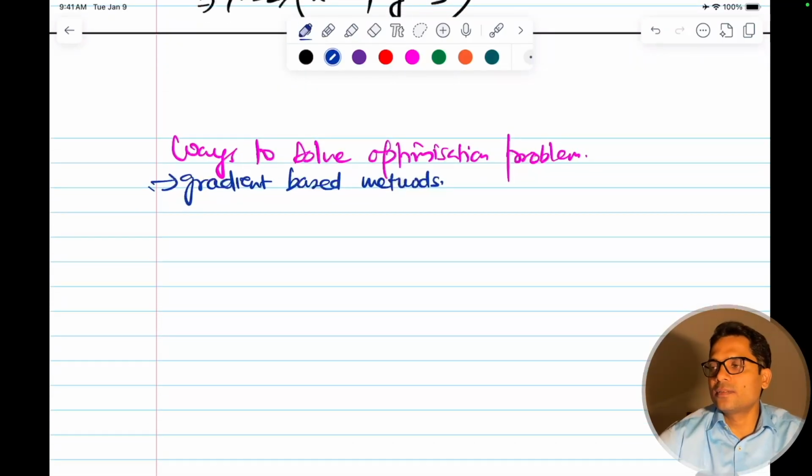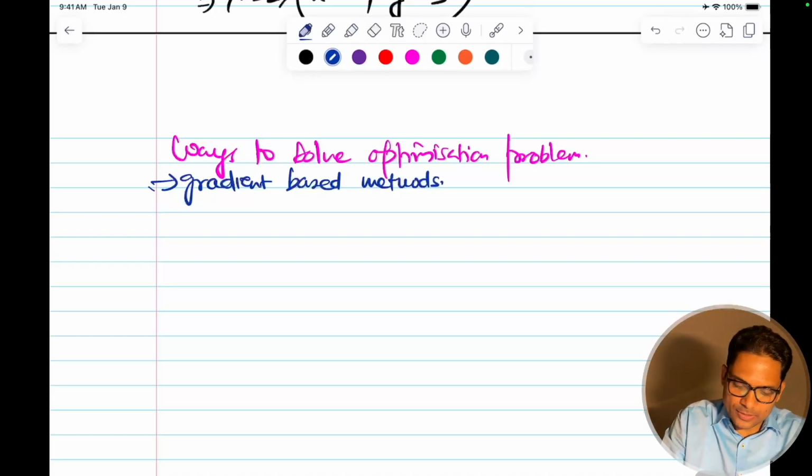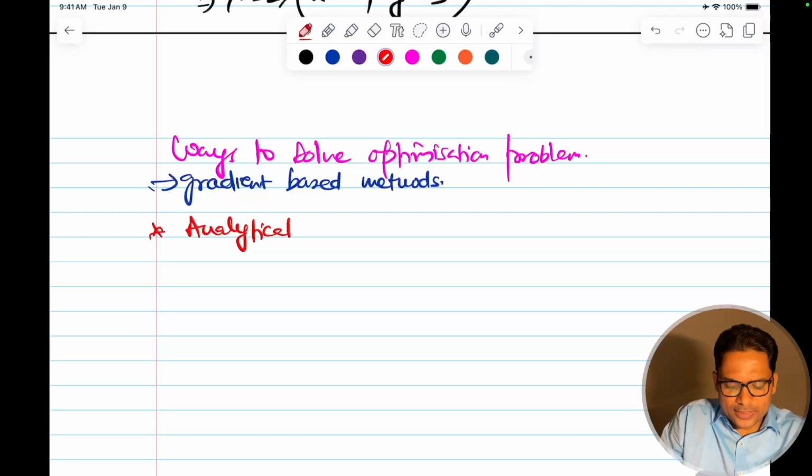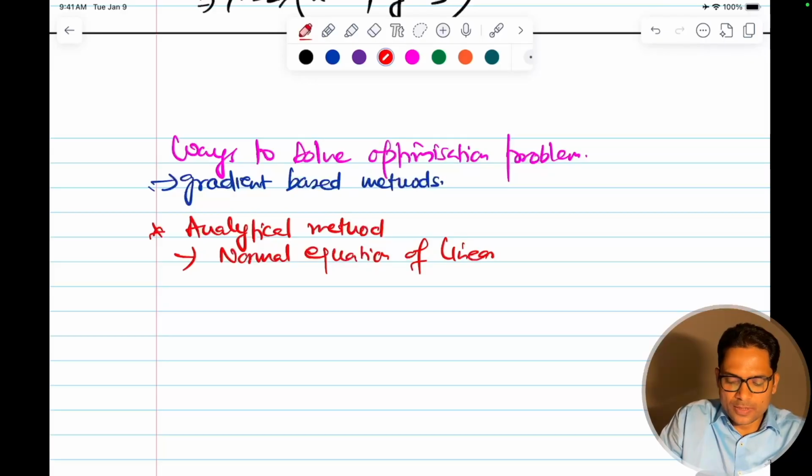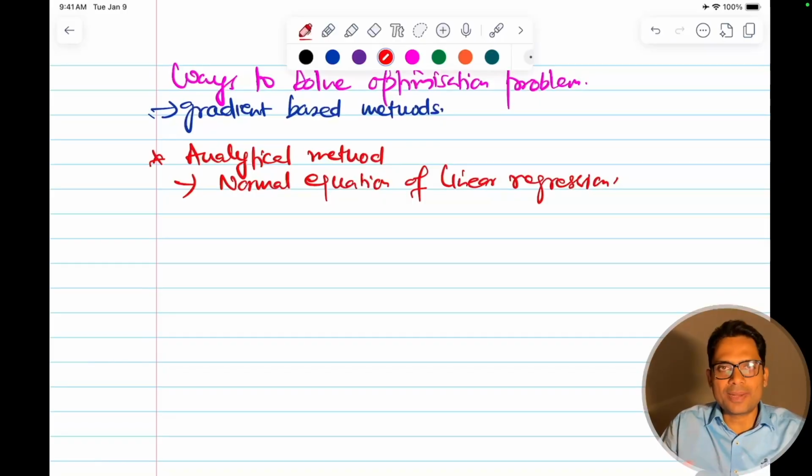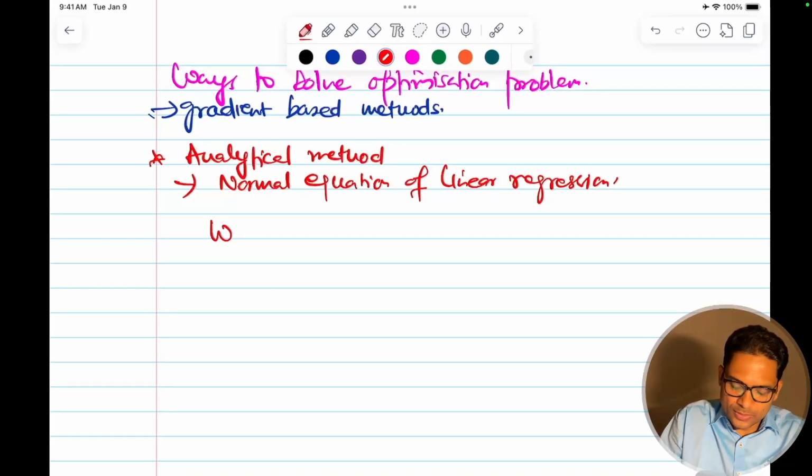There are other analytical methods also, like the normal equation for linear regression, where everything is in matrix form, and then you get the optimum W star equal to X transpose X inverse into X transpose y.